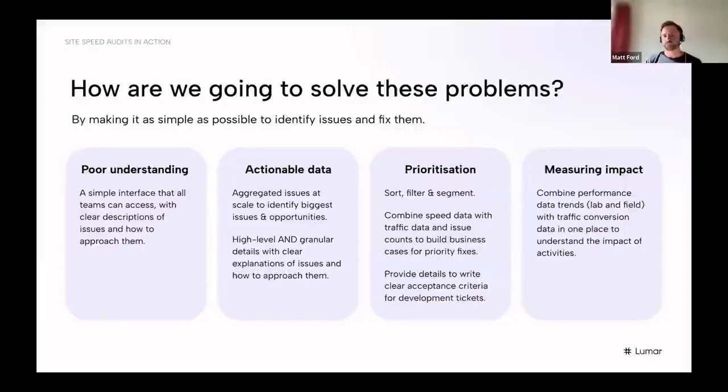And finally, on the measuring impact, we're looking at combining the performance trends, so with lab data and field data. I'll explain what those are in a second. But combining your speed performance data with conversion data in one place, conversion data is also something we'll be pulling into the platform, can help you more easily and simply make those connections.